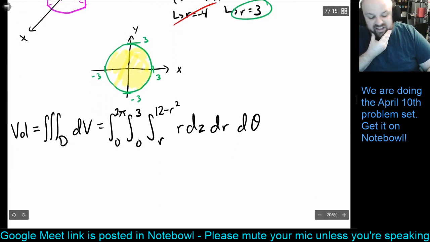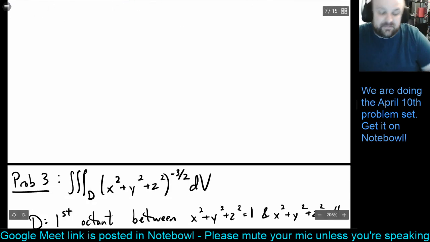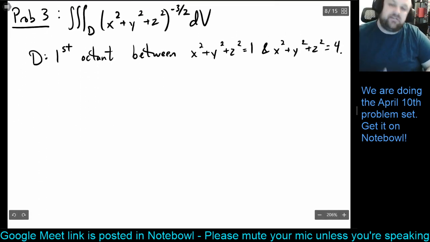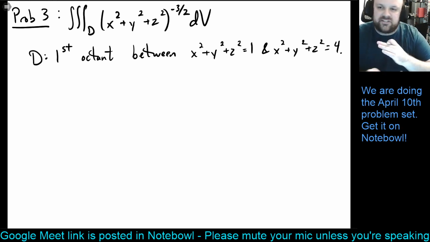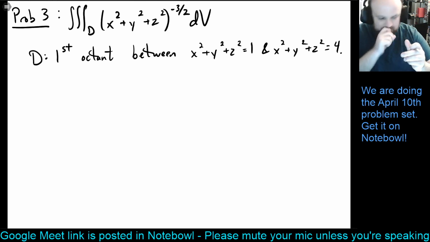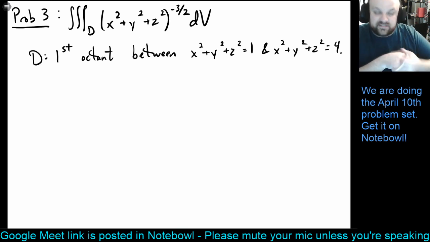So that's another good way to help decide between the two: do you have x squared, y squared, and z squared, or just x squared and y squared? In this case, we have all three. And they're spheres anyway, so this is a good candidate for spherical.